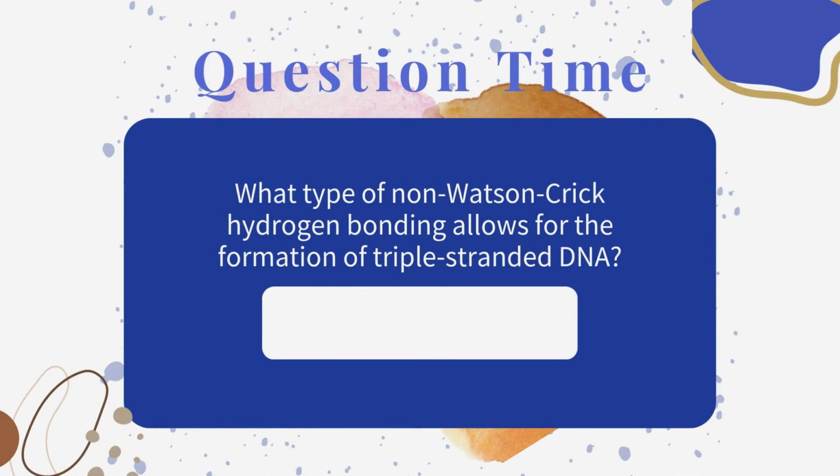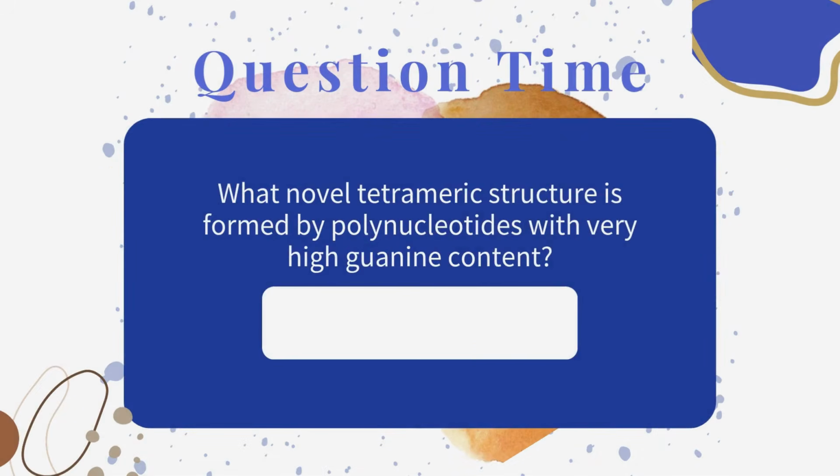What type of non-Watson-Crick hydrogen bond allows for the formation of a triple-stranded DNA? Hoogsteen hydrogen bonds. What novel tetrameric structure is formed by polynucleotides with very high guanine content? G quartets or G tetraplex.